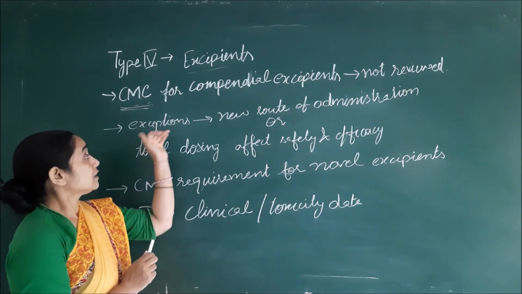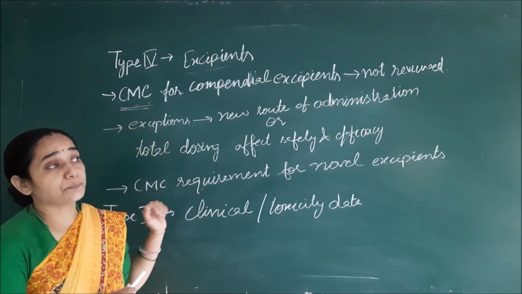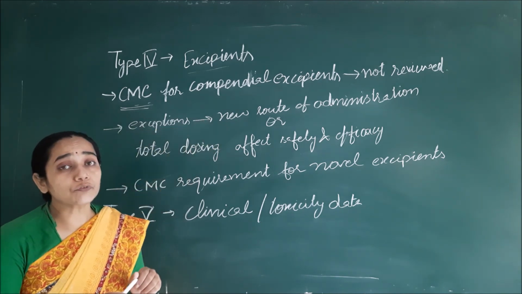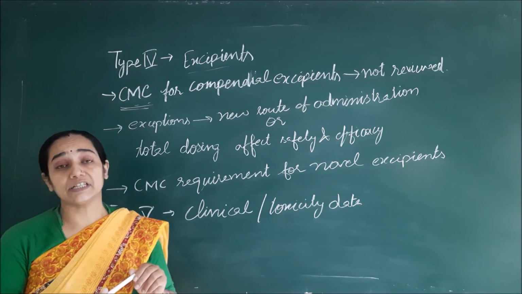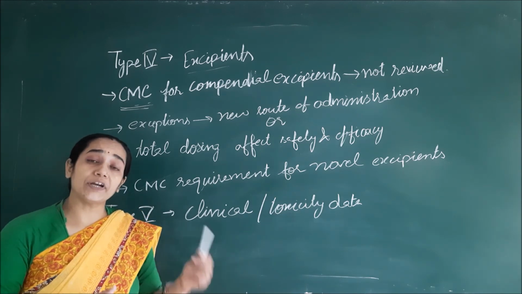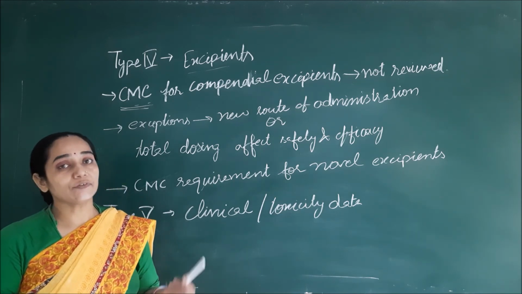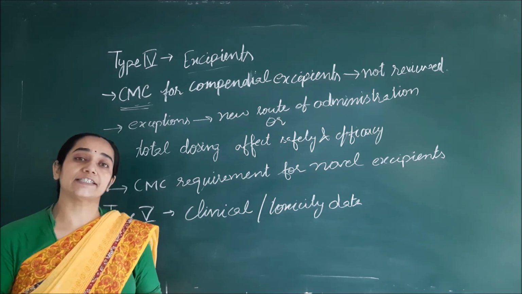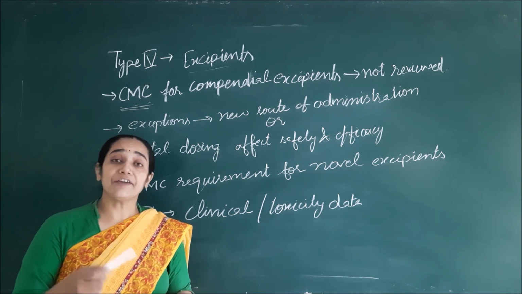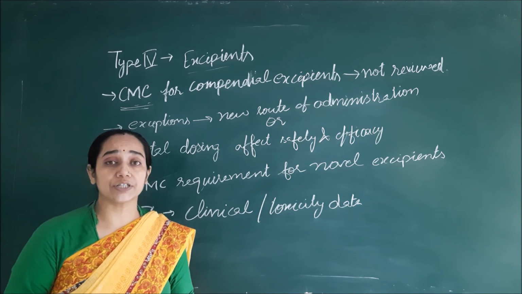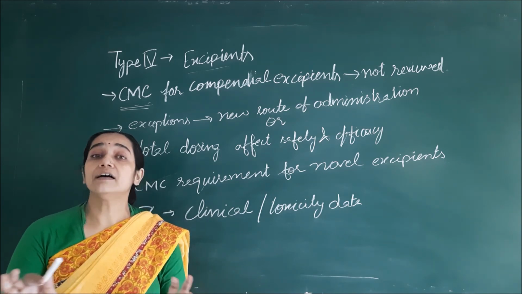However, there are exceptions. For example, if the route of administration has been changed: earlier that component was given by the oral route, and then it was safe. Take the example of spray-dried lactose. If it is given in oral formulations, it exhibits a safety index.